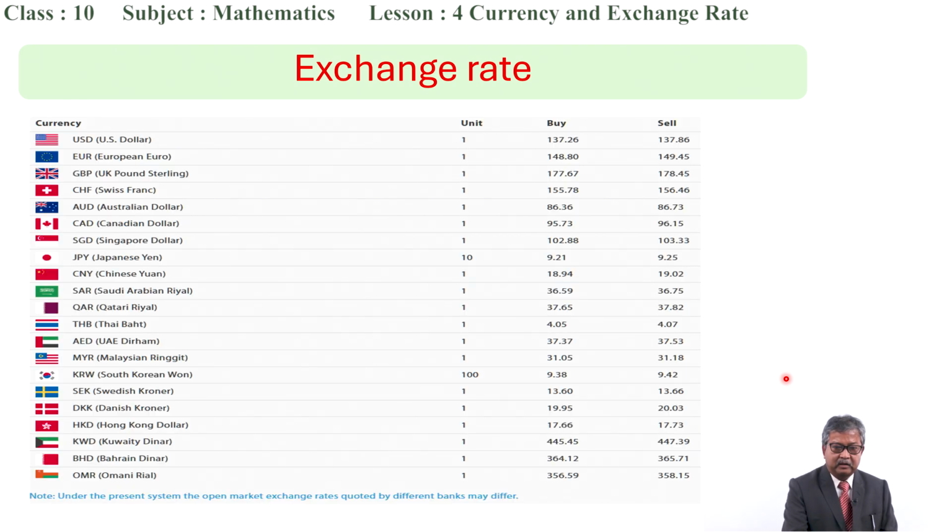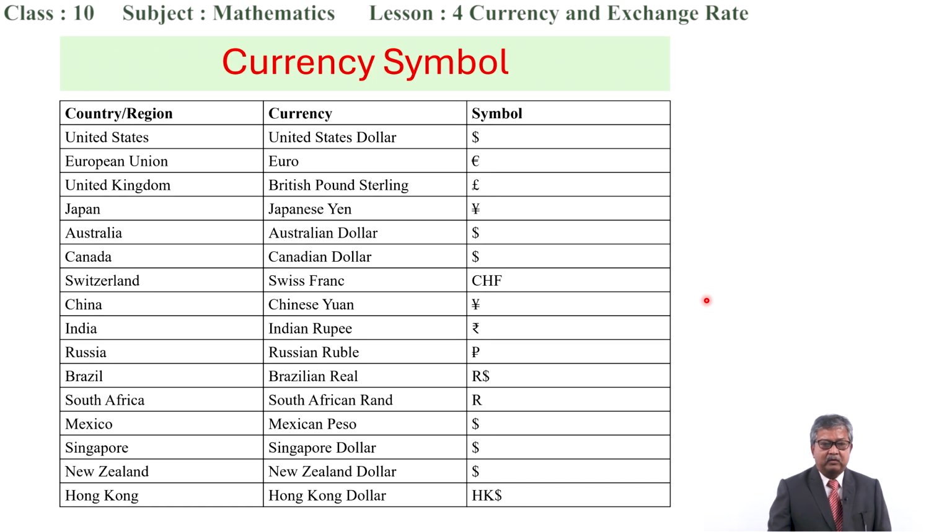Similarly, here the exchange rate of different countries and the unit is given, and the buying rates and selling rates are given here. Right? Now in these slides I will show you the currency symbols.